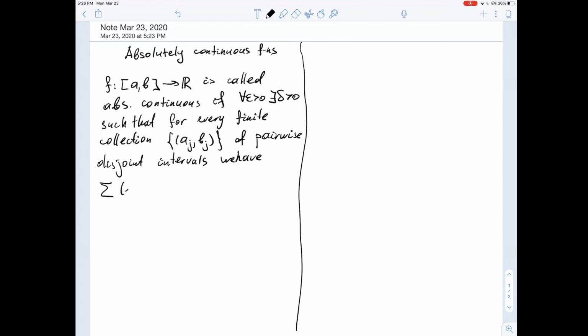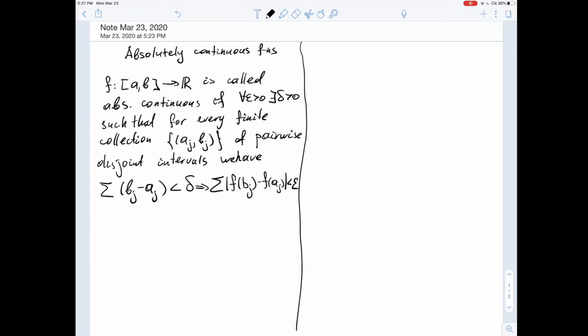sum of the lengths is less than delta, implies sum of the difference in the values is less than epsilon. So if you think about it, regular continuity means that this holds only for one interval.